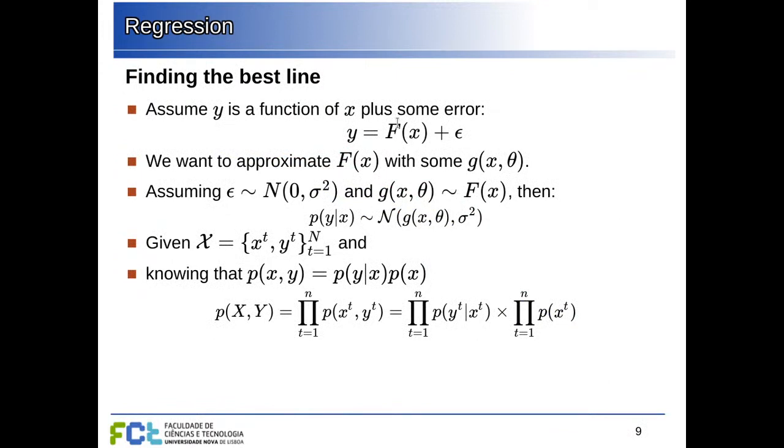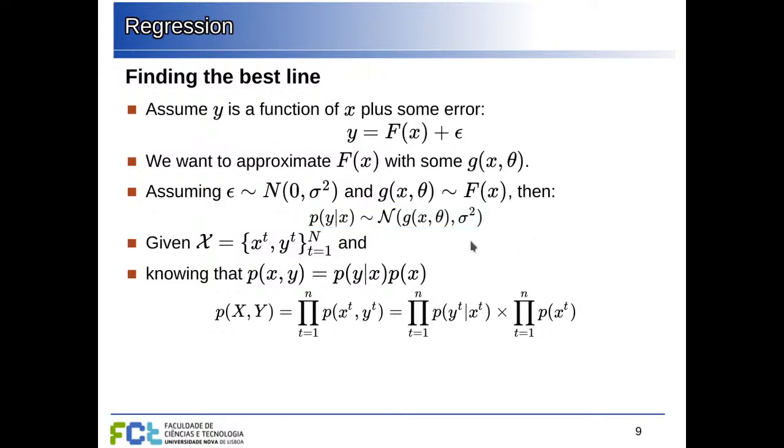And we're going to try to approximate this function to this unknown f function that in reality relates x and y. So we can estimate the probability of a given point that has some value of x having some value of y as being something that is normally distributed around what our function predicts. So our function tells us the point should be some particular value, but the probability of the point having some value should be higher, closer to that prediction, and lower as we go away from that prediction.